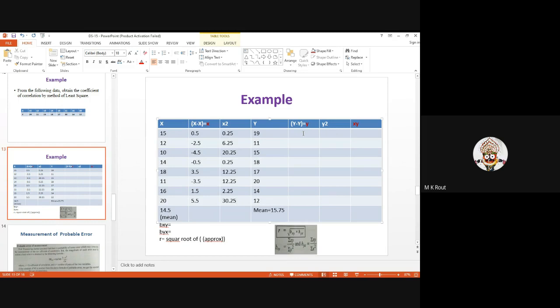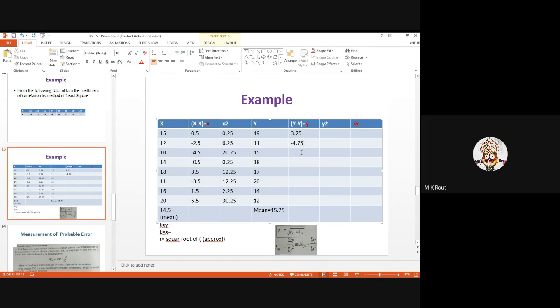What is the value of the first one? 19 minus 15.75. I think you people are not using calculators. 3.25. Okay, moving to the next one. 11 minus 15.75, minus 4.75.